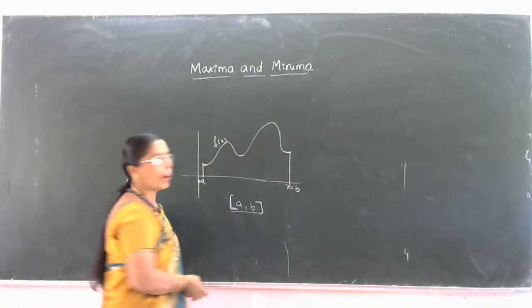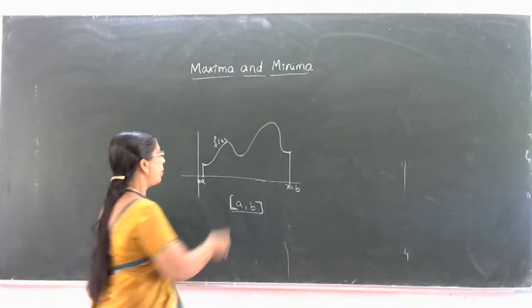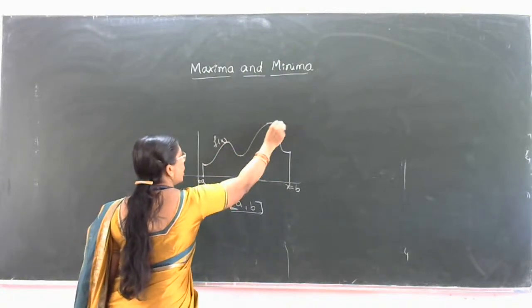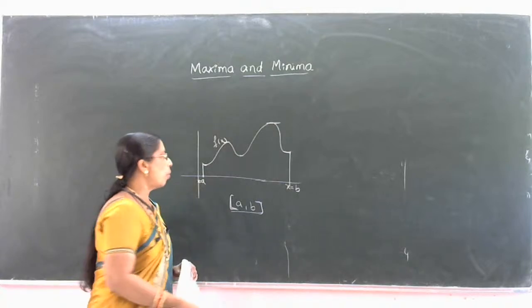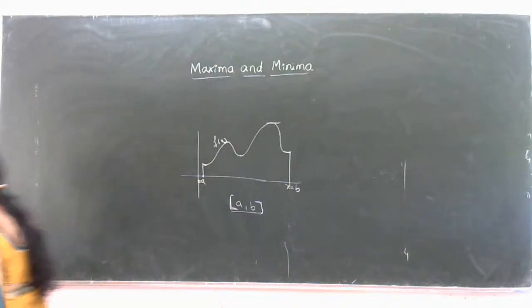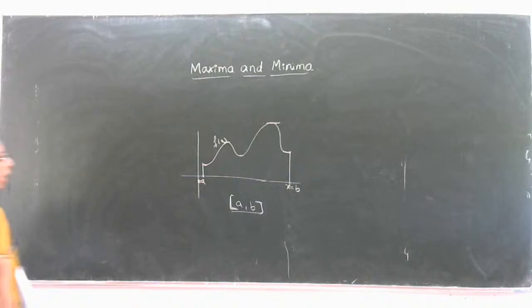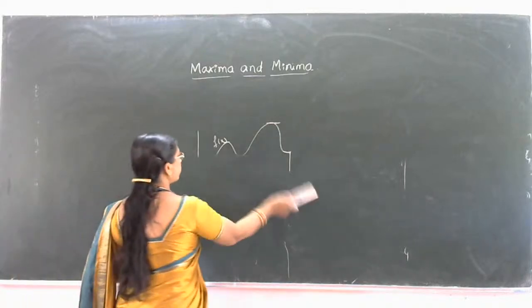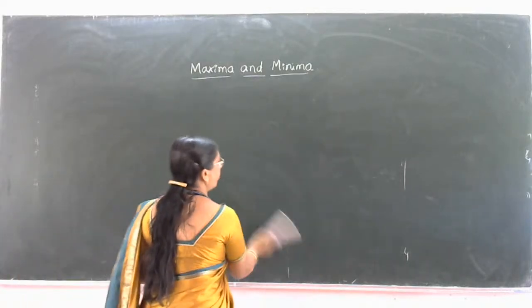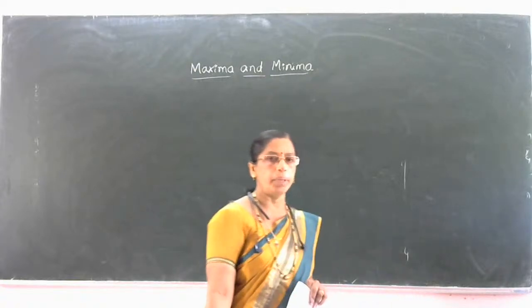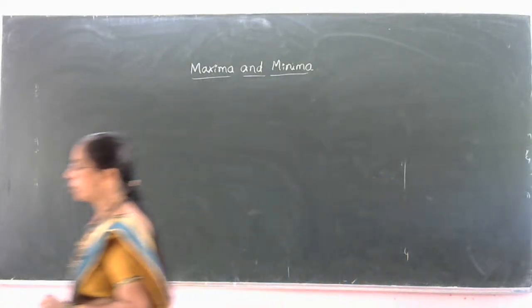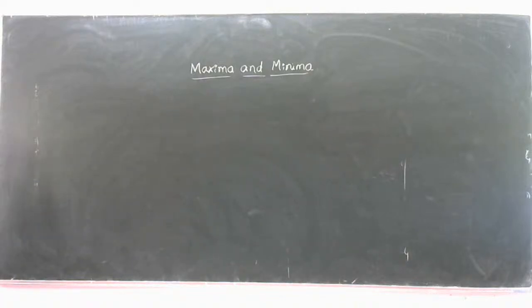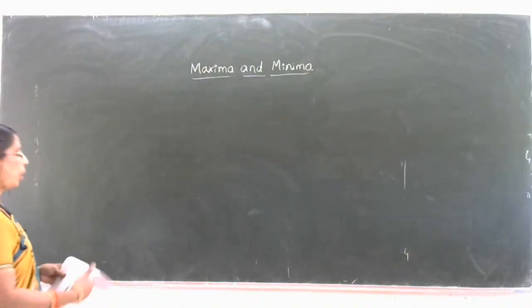We have to find this also. And maximum, here also maximum, here also maximum. In these 2, which one is the maximum? We have to find this also without drawing the graph. Find this absolute maxima or absolute minima by using second derivative test without drawing the graph.